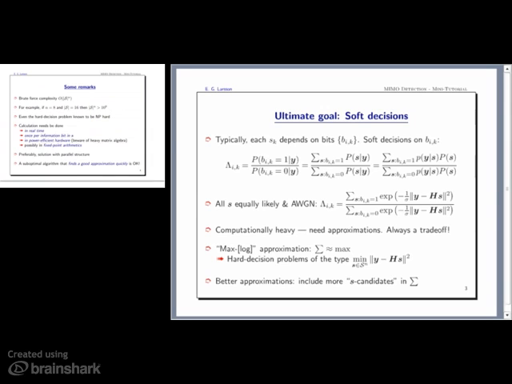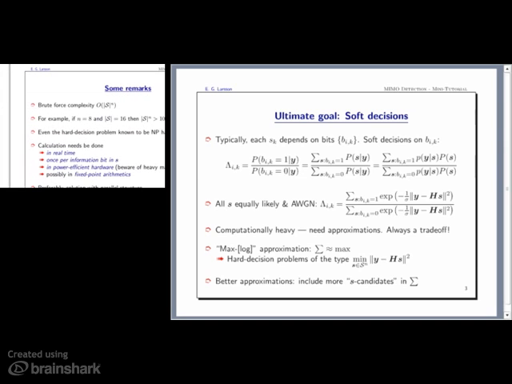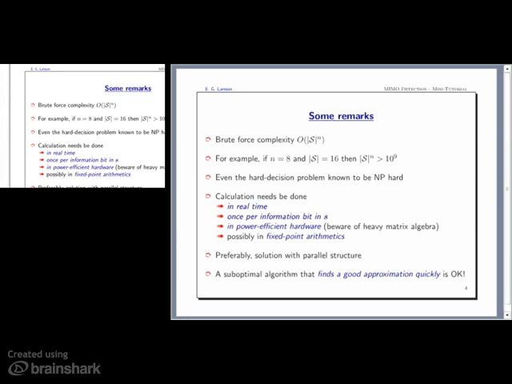All right, a couple of remarks on the problem that we have just formulated. The complexity of computing optimal soft decisions by brute force is of the order of the magnitude, or cardinality, of the constellation taken to the nth power. This can easily become a very large number.